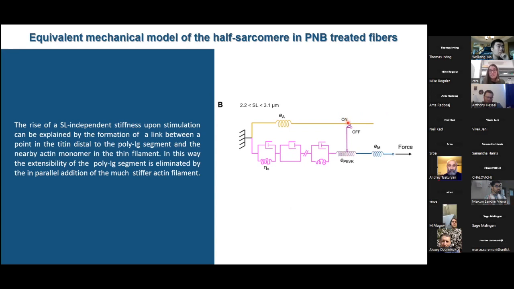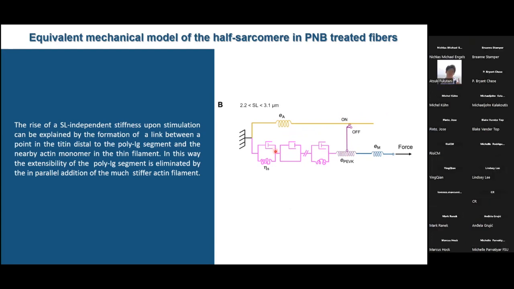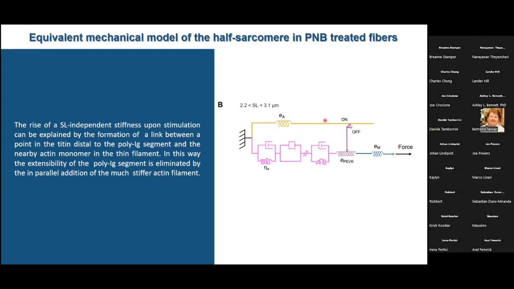In this way, the extensibility of the PEVK segment is completely eliminated by the in-parallel addition of the much steeper actin filament. And that explains the increase in sarcomere stiffness during activation.